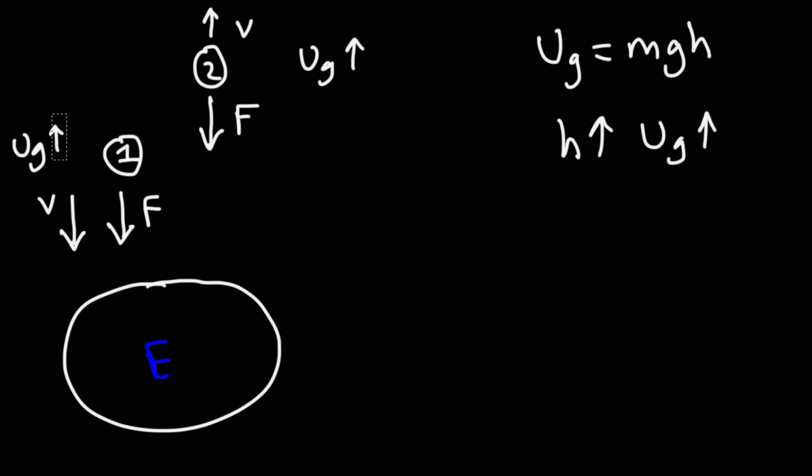If we were to move the object in the direction of the gravitational force, the potential energy will decrease. I'm going to talk about that concept throughout this video as it relates to other forms of energy, but remember this. In this situation, we have a gravitational field. If you were to move the object opposite to the direction of the gravitational force, the potential energy is going to go up. If you were to move it in the direction of the gravitational force, the potential energy will go down.